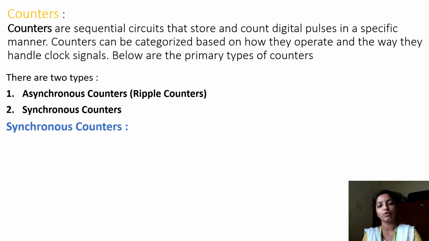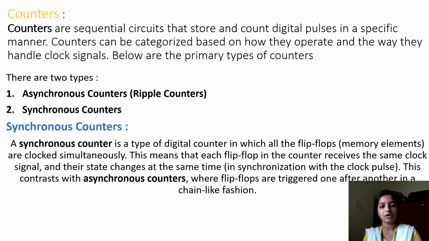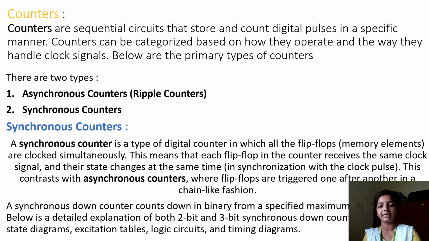There are two types of counters: asynchronous counter and synchronous counter. Before going to the topic, we should know what a synchronous counter is. A synchronous counter is a type of digital counter in which all the flip-flops, meaning memory elements, are clocked simultaneously. This means that each flip-flop in the counter receives the same clock signal and their state changes at the same time, in synchronization with the clock pulse.